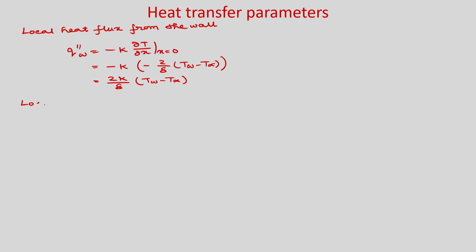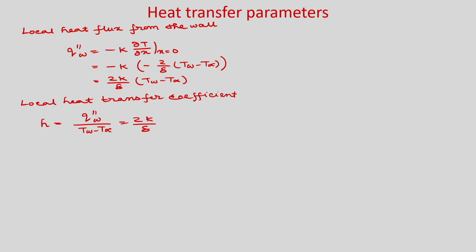So, the local heat transfer coefficient you can write as h is equal to q double prime w by T w minus T infinity. So, this is from Newton's law of cooling. So, you will get, you see from here, twice k by delta. Okay. So, the delta expression you know.